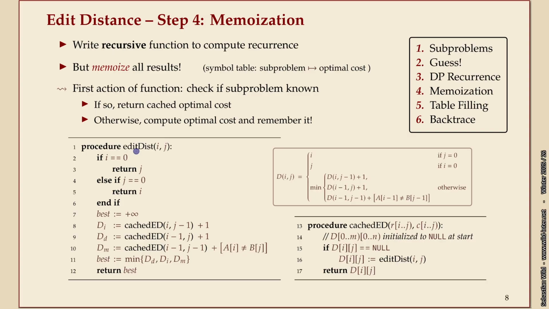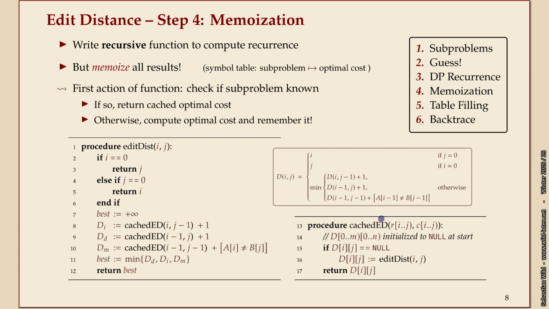The edit distance, that's the function that does the actual work, follows very closely the recurrence. You see the if statements exactly mirror the case distinction. Then I have to find this minimum of 3 things. So, okay, here I can just compute all 3 and take the minimum. It's really boring.